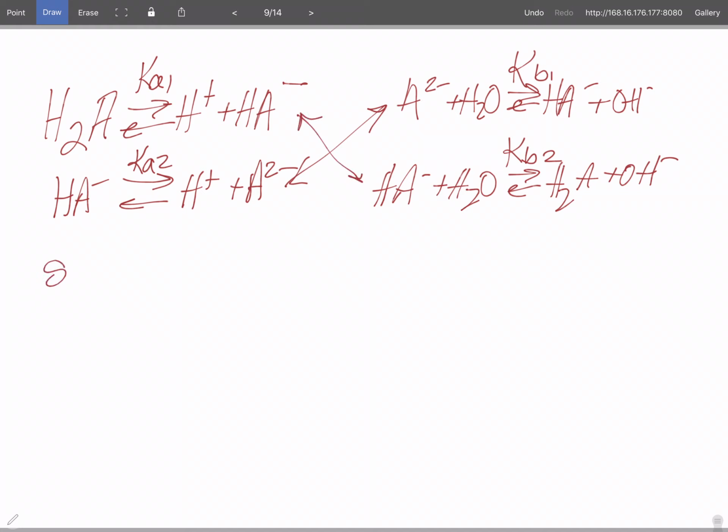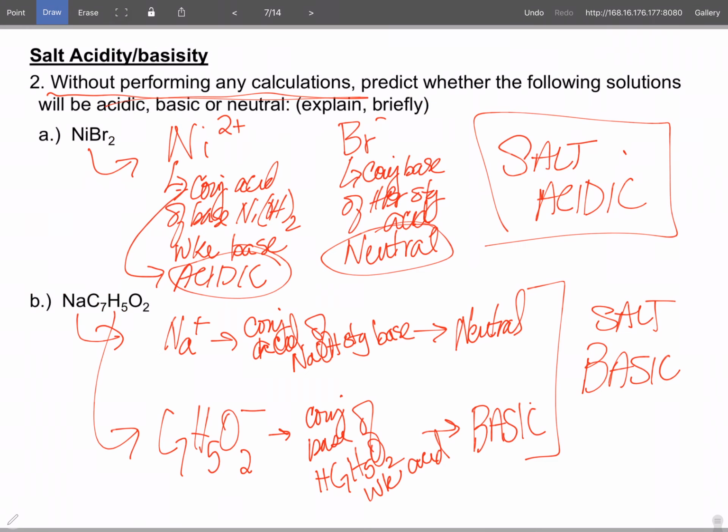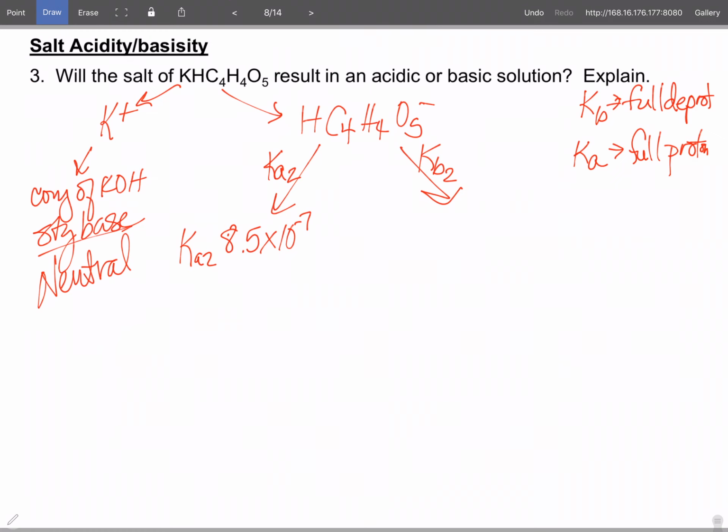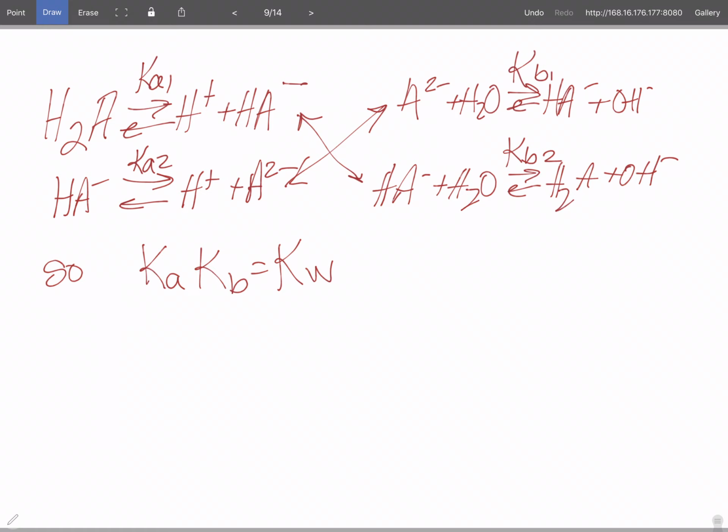So, remember our rule of Ka times Kb is equal to Kw, right? So we actually need the Kb2 value. Whoops, went too far. Maybe we'll go back. Okay, we need our Kb2, so let's go look at this. So that means that my Kb2 has to be multiplied by my Ka1 to get Kw.